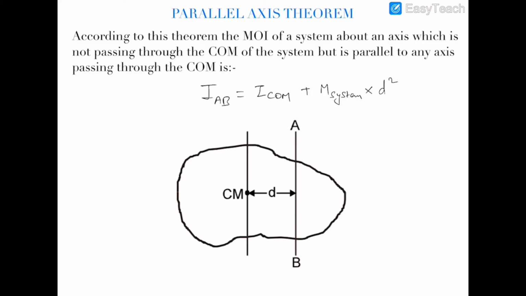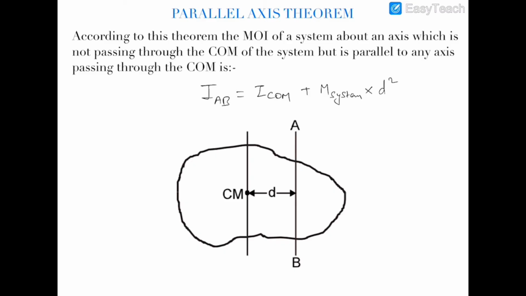So the moment of inertia of this system about this axis AB, which is not passing through the center of mass, but this axis AB is parallel to one of the axes which is passing through the center of mass, would be equal to I_COM, which is the moment of inertia about the axis passing through the center of mass, plus the value m d square, where m is the mass of the system and d is the distance between these two parallel axes.